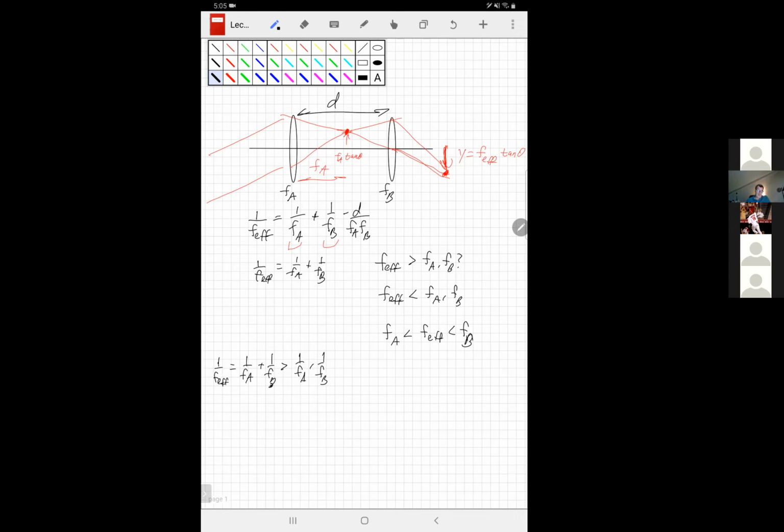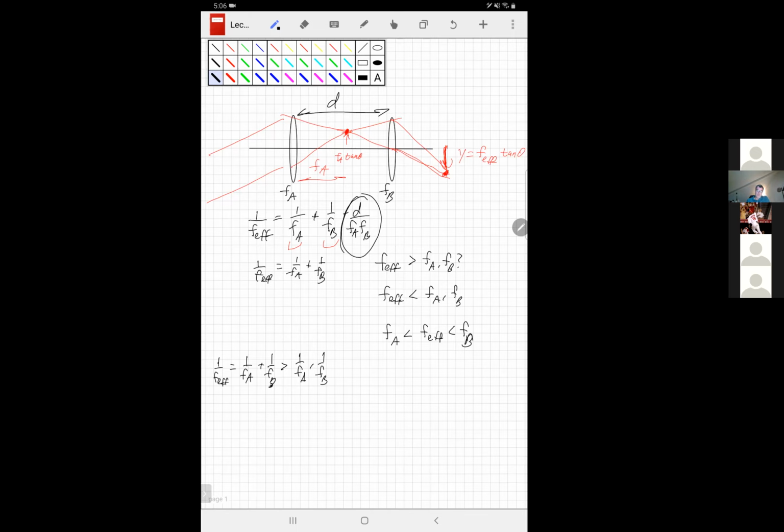All right, now, what happens if I start subtracting off D over FA FB, meaning that instead of having the lenses right up against each other, now I start moving them apart. And so I start subtracting off this thing. Now what happens?